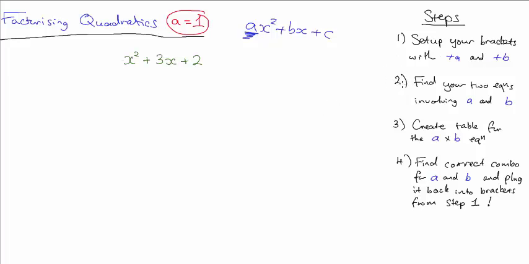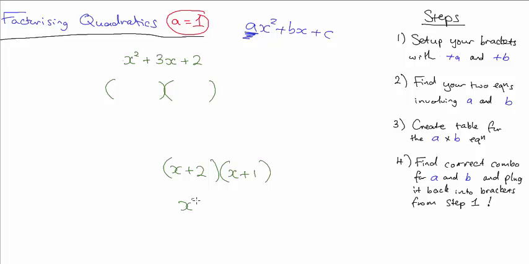So you know that all quadratics multiply into double brackets. If you're not 100% sure why, think about when we expand brackets like this. Imagine if I told you to expand those brackets.